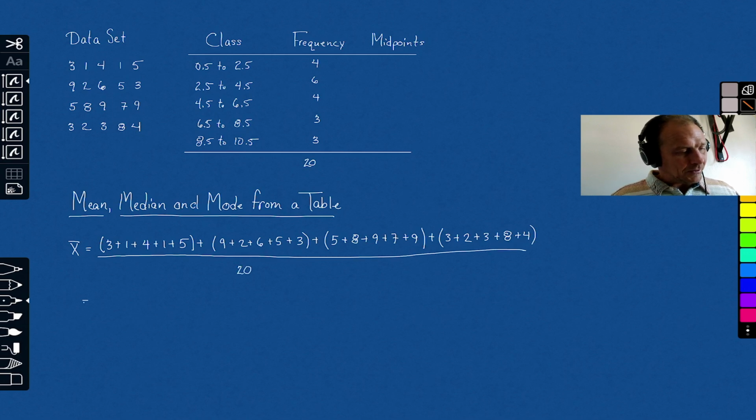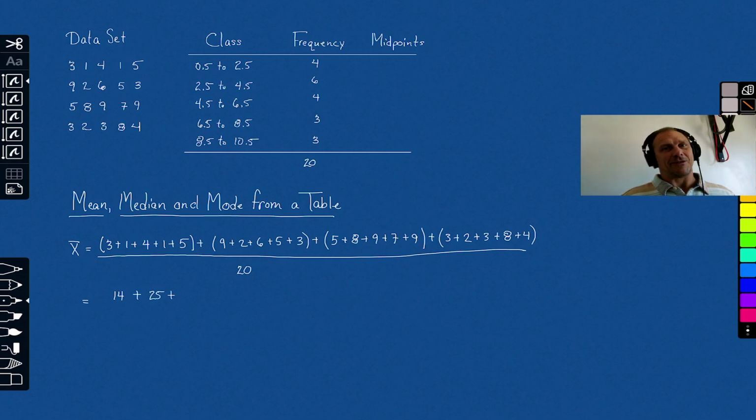So here we go. So the first group of parentheses, 3, 4, 8, 9 plus 5 is 14. Plus 9 plus 2 is 11. 6 more is 17. 17 plus 5 is 22. 3 more is 25.